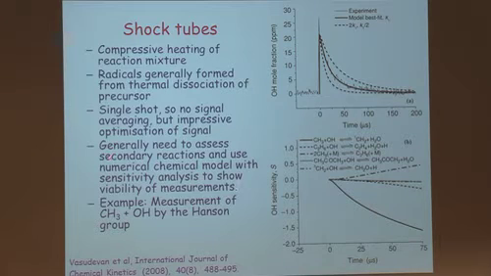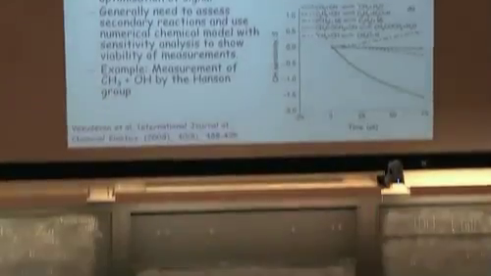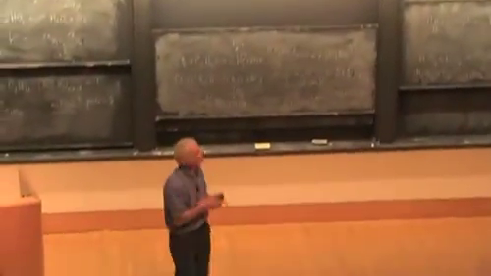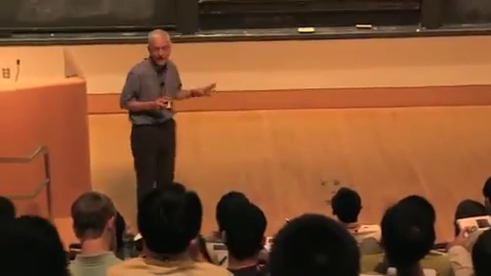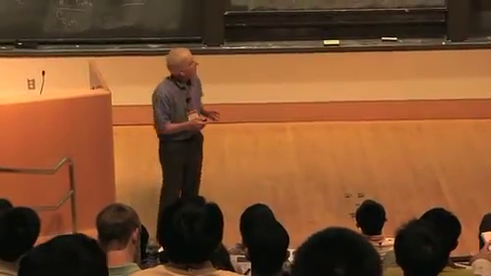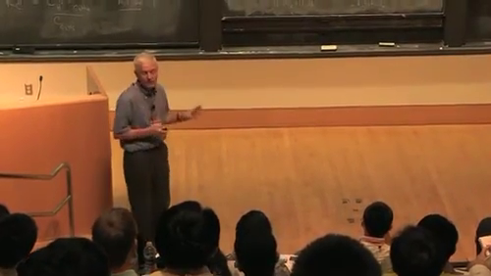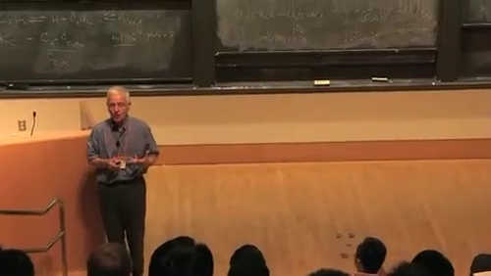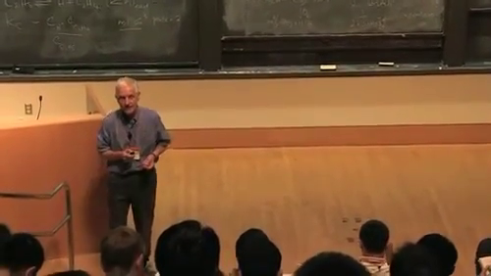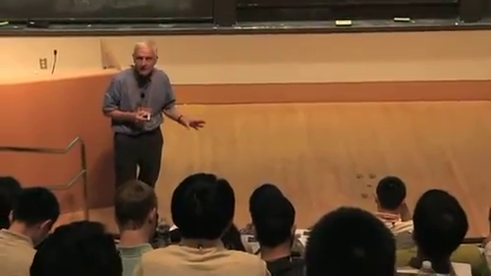As a result of that, the concentrations of the radicals are necessarily high because you've got to be able to detect them. We use signal averaging to detect them in photolysis systems. You can't do that in a shock tube system, so you necessarily have higher concentrations. And that gives rise to secondary reactions, and you've got to make sure that you take account of those secondary reactions. That's the downside of shock tubes.